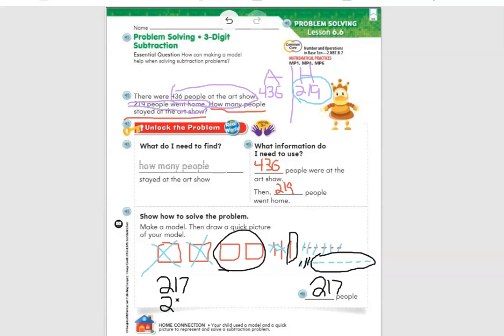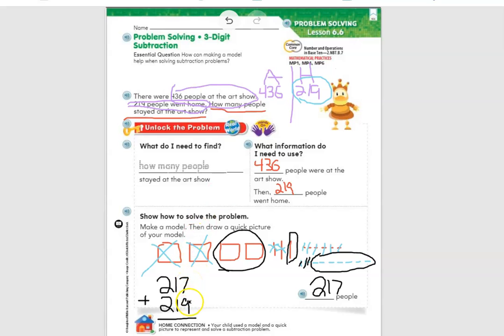What do you think you're going to do with these? Remember, addition and subtraction are inverse operations. It's like brother and sister. They're related, but they're not the same. They're opposites. We're going to add these together. When we add these together, we should come up with 436.